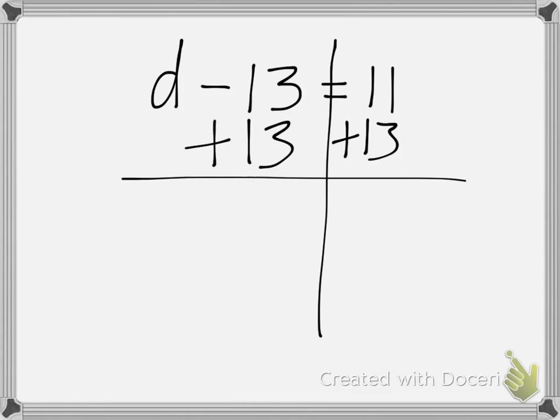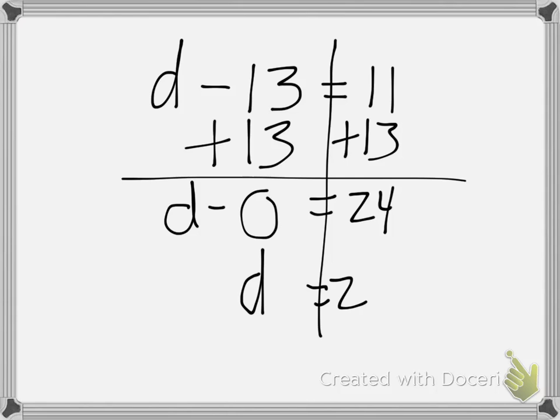Negative 13 plus 13, this is just going to give you 0. D minus 0 is equal to 11 plus 13, which is going to give you 24. So this really says D equals 24. When you're adding the 13 right here, it basically just cancels it out. So you're left with D on one side.